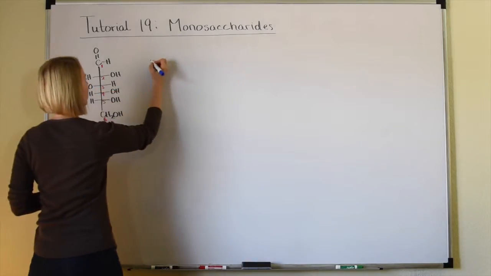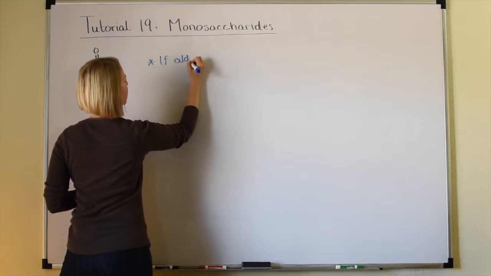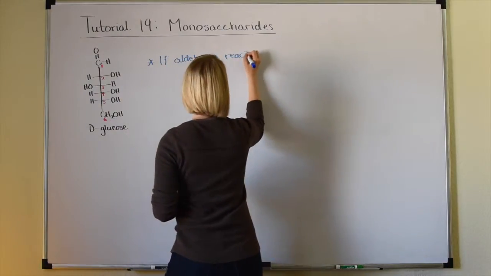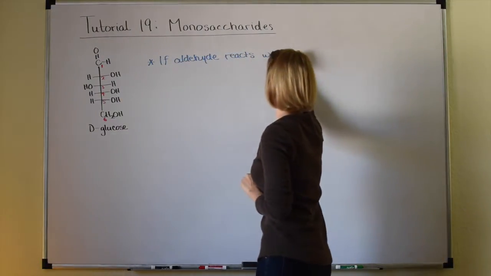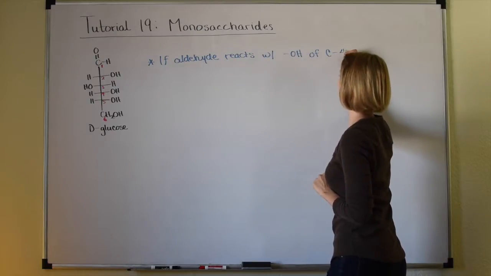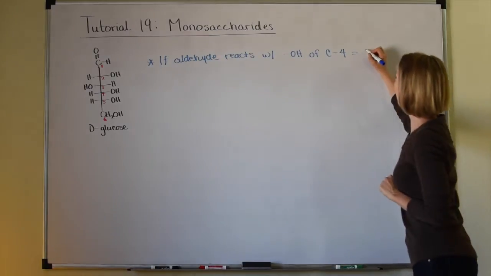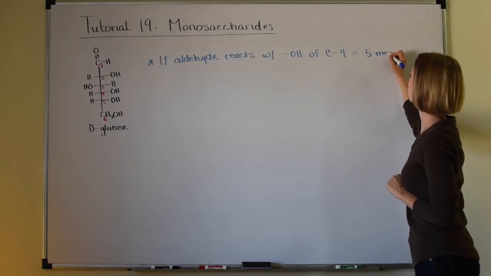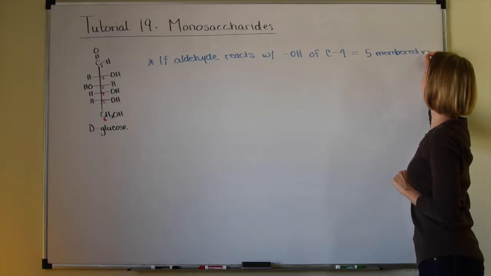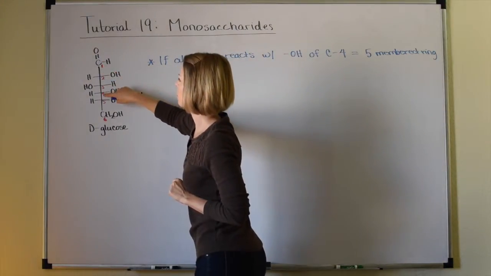So I'm going to write over here, if the aldehyde reacts with the hydroxyl of carbon 4, C4, this equals a 5-membered ring. 1, 2, 3, 4, and 5.